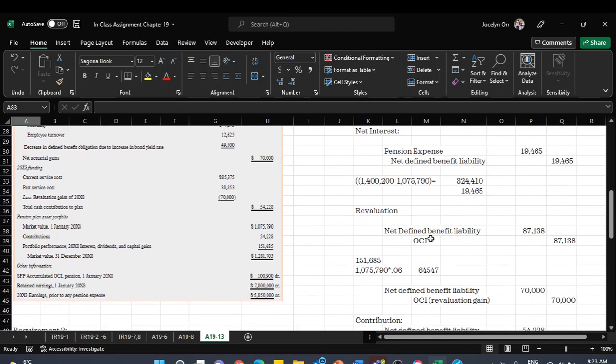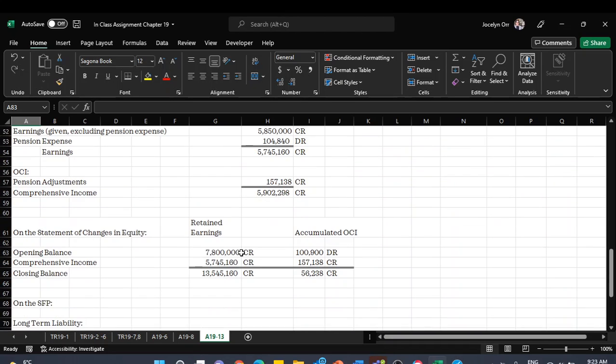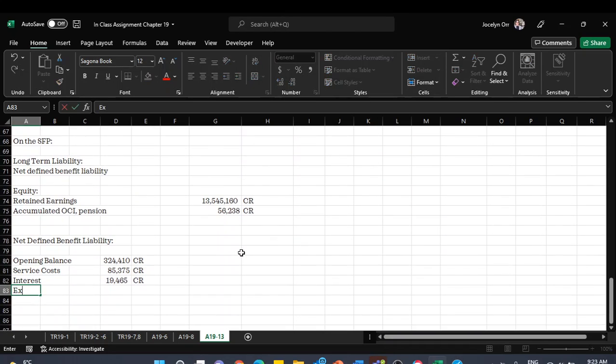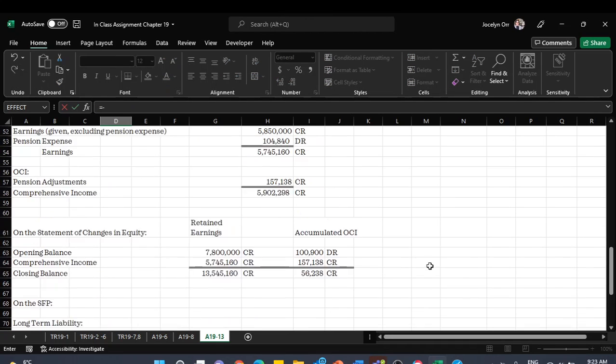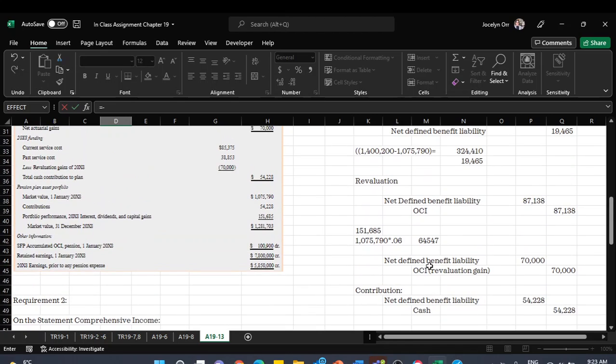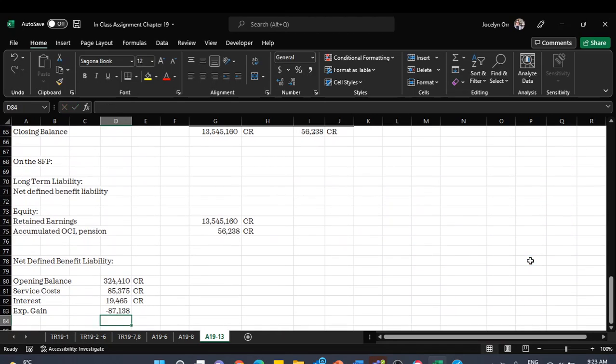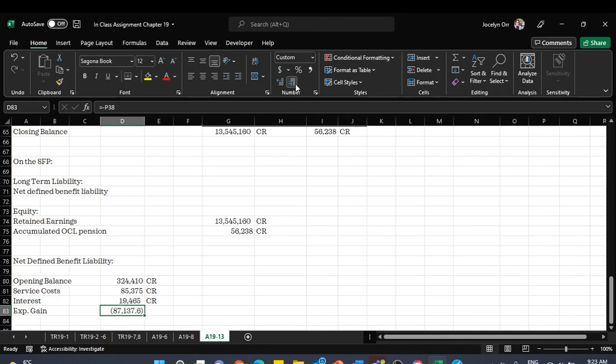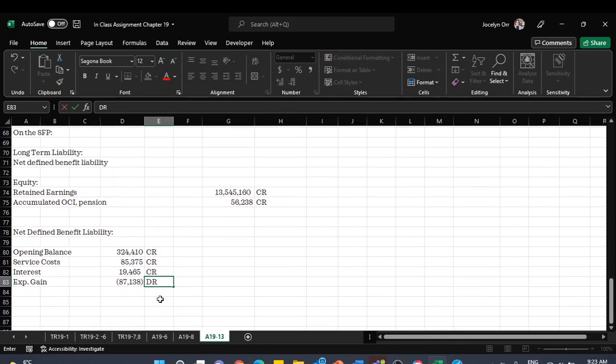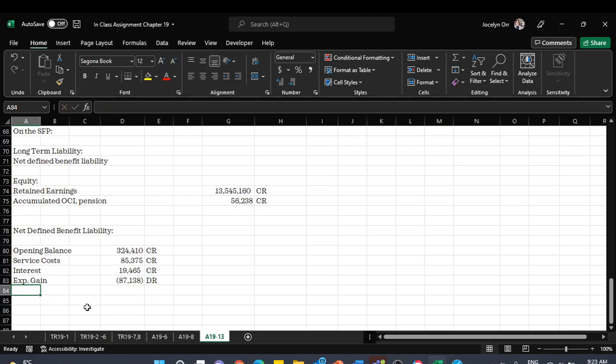a debit based on our experience, right? So that was our experience gain that I'm going to display as a negative amount since it is a debit. Okay.